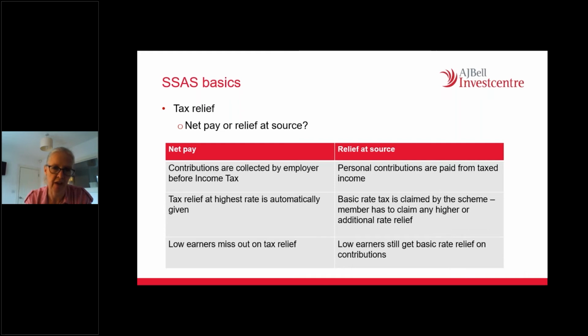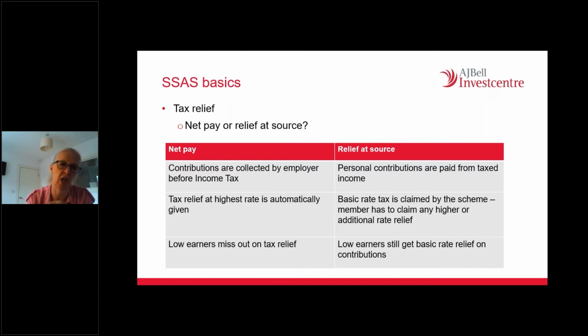It's very, very unusual for a SSAS to operate relief at source. It can be done. You can register a SSAS for relief at source. That's perfectly possible. But obviously, there's a lot more administration in that, because it is the scheme administrator that's doing the returns and claiming the tax relief. And it takes 7 to 11 weeks to get your basic rate tax paid back into the scheme under relief at source.